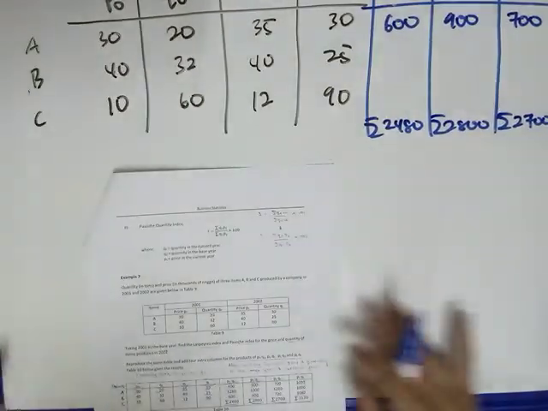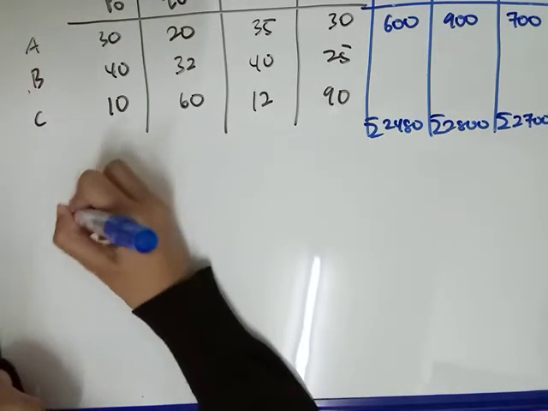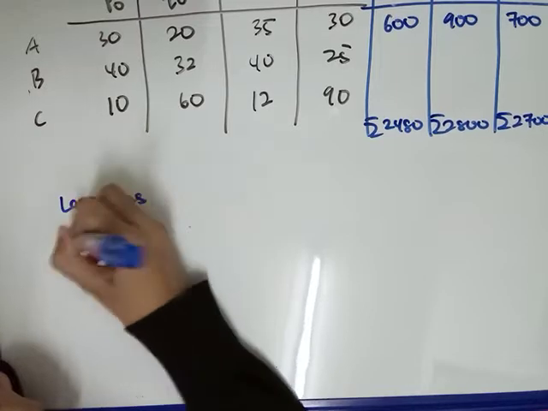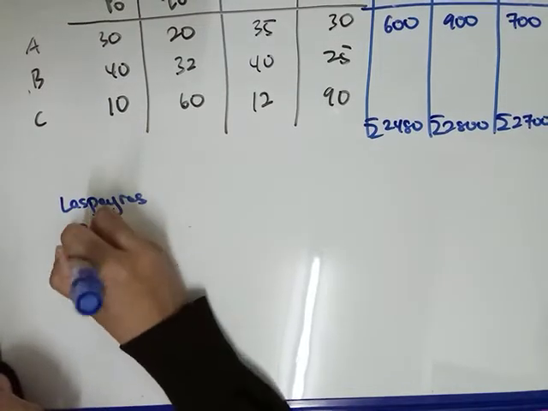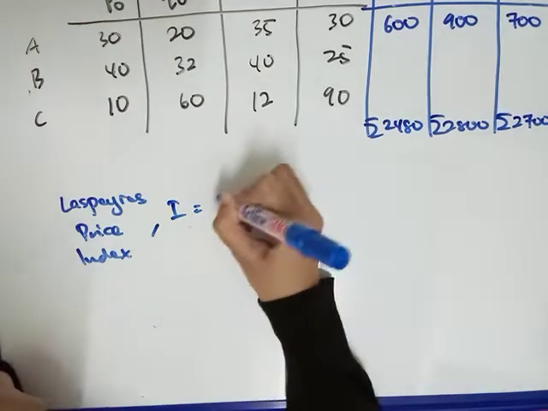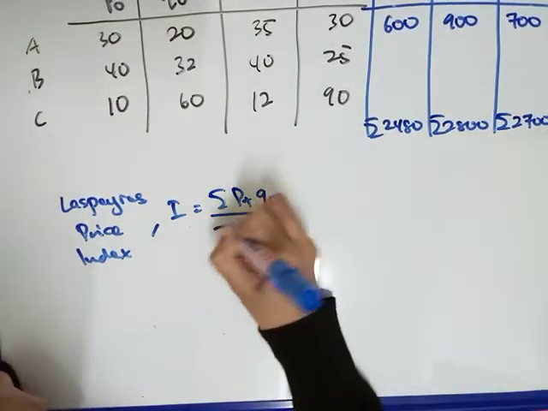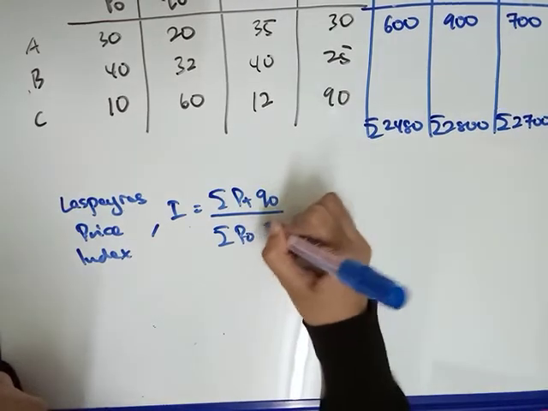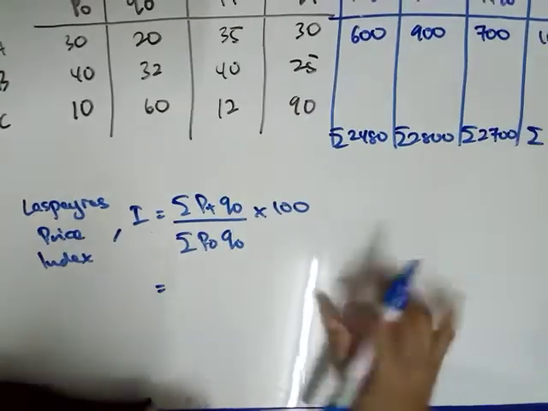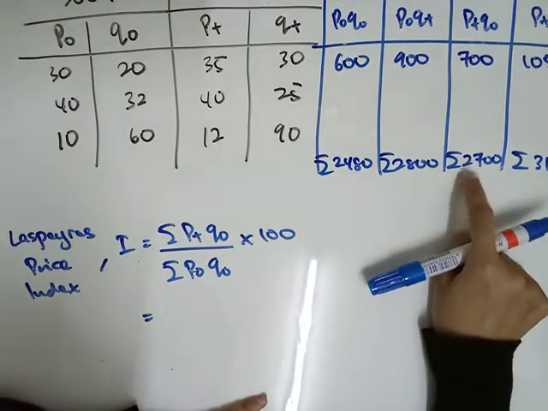Okay, let's say we need to find the Laspeyres price index. Okay, Laspeyres price index. So I equals total PT Q naught divided by total P naught Q naught, multiply 100. The total PT Q naught is the one you have already calculated.